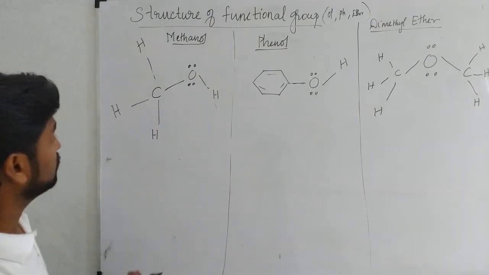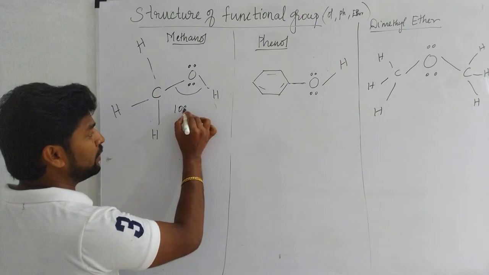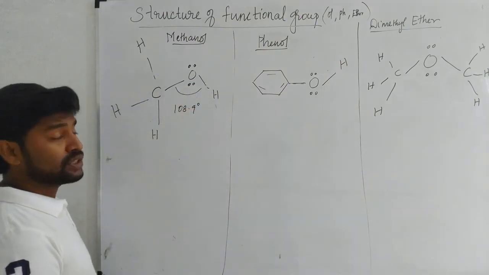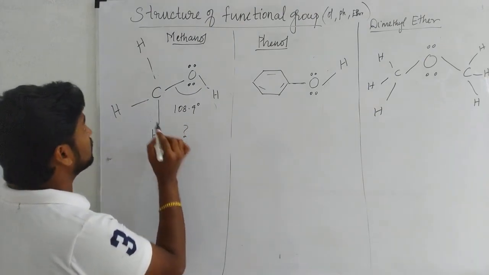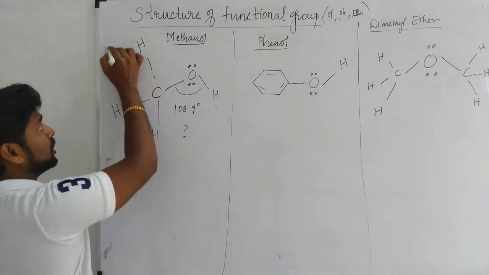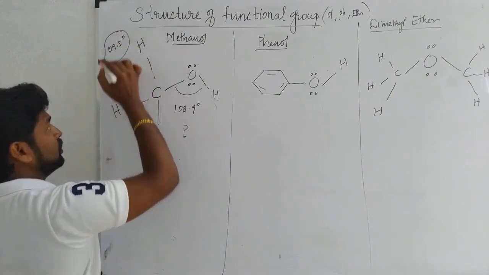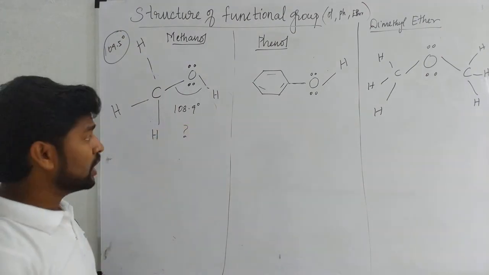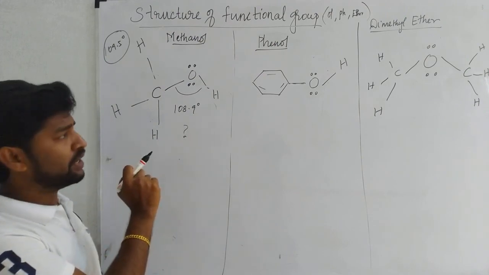But if you look at this one, the bond angle is 108.9 degrees. The question arising is why? The actual is 109.5 degrees, but here it is 108.9 degrees. So what is the reason behind that?